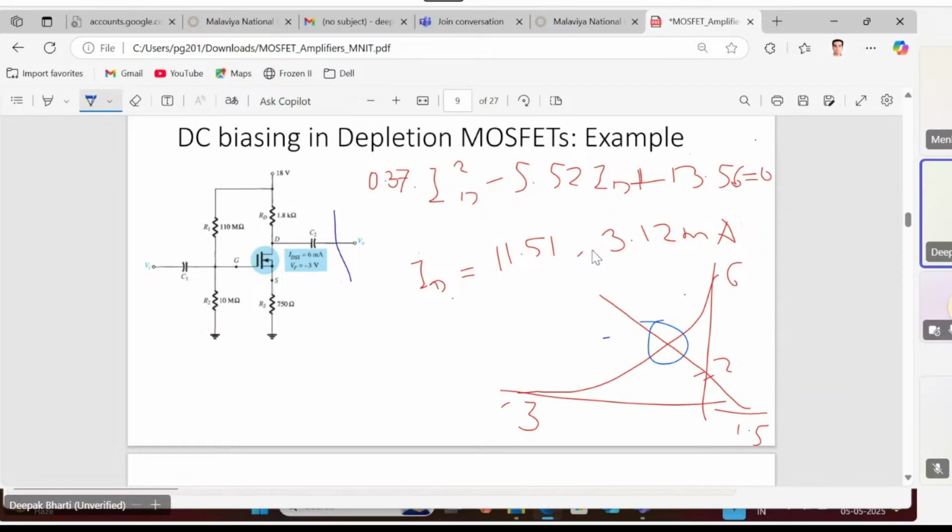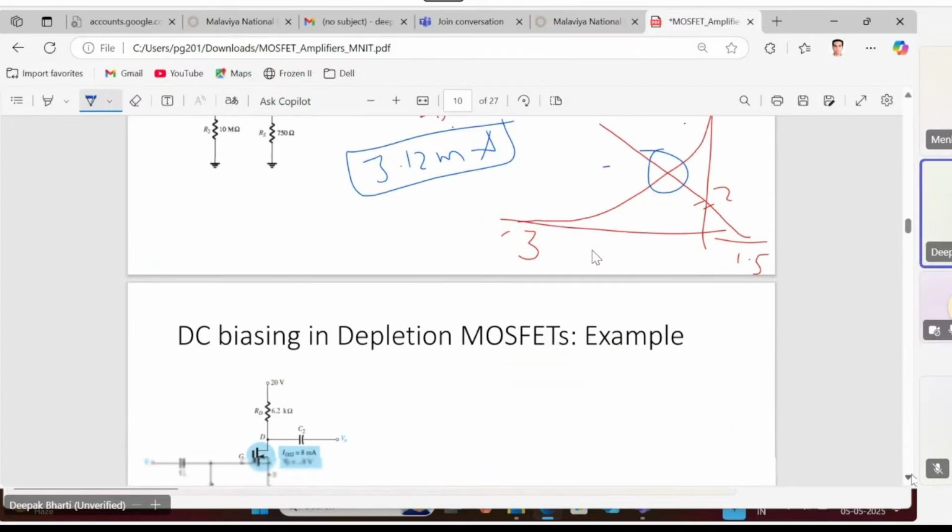And what is that value? It is 3.12. So the possible solution here is 3.12 milliampere. Once we get the value of ID, we can use either the Shockley's equation or the load line to get the value of VGS. So this is one example of voltage divider.